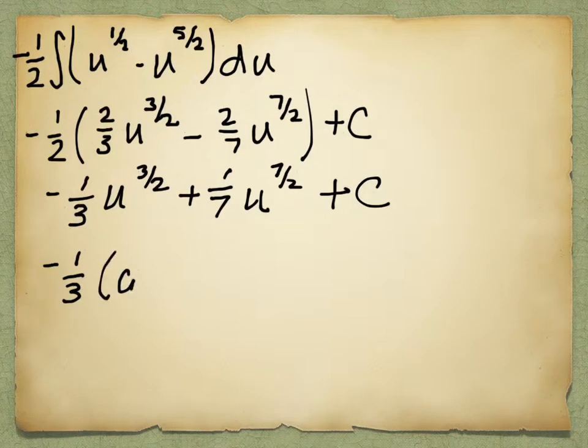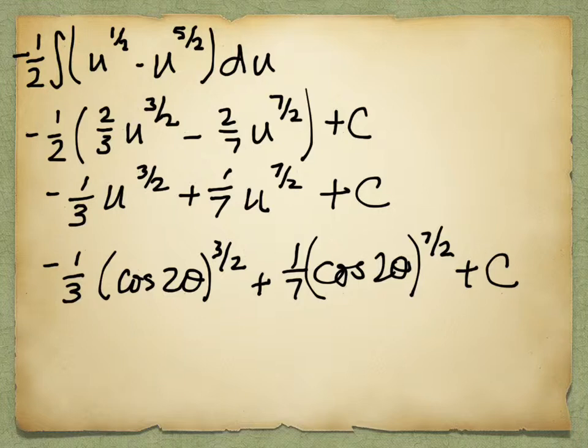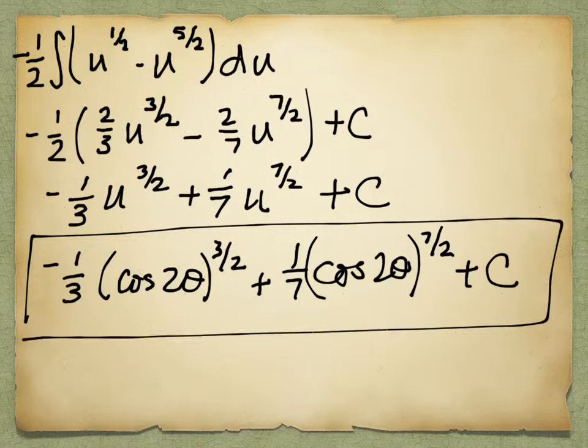So I'm going to have negative 1/3 cosine of 2 theta to the 3/2 plus 1/7 cosine of 2 theta to the 7/2 plus c. Any questions on that one?